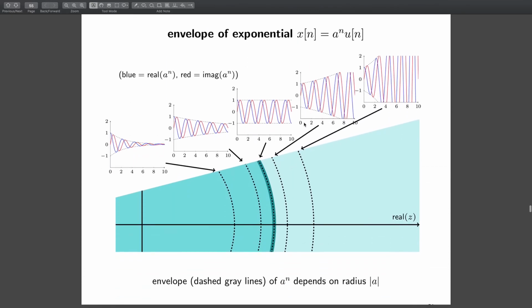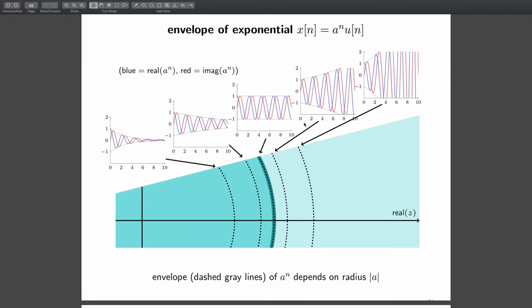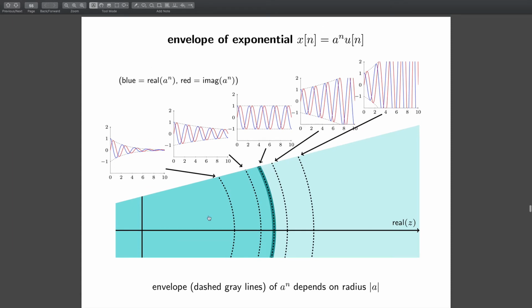And I'm just representing that here again on this slide with the zoomed in portion of the complex plane shown. So here again you see the interior of the unit circle itself being this thick green or blue line, and then the exterior of the unit circle.